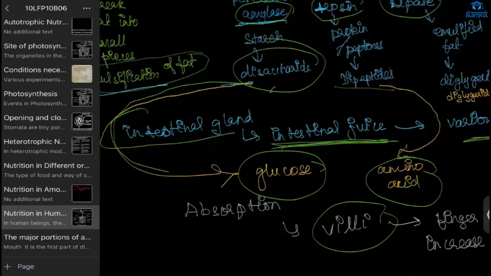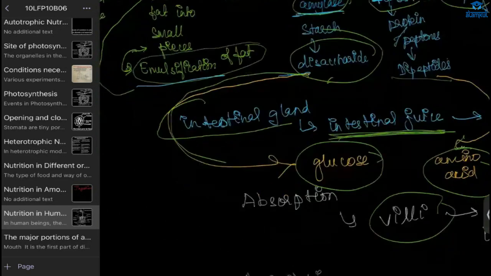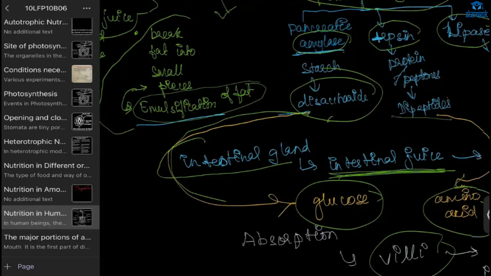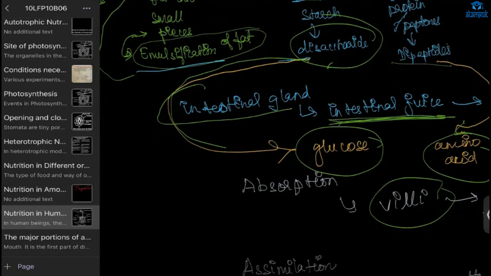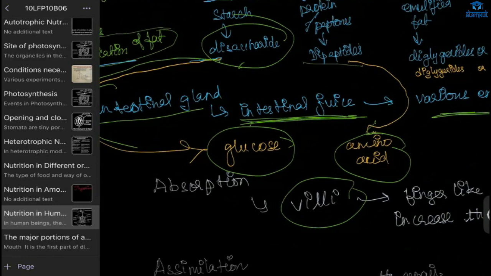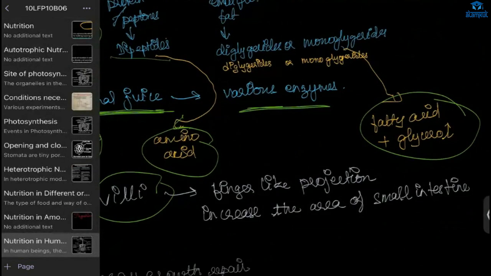Then after that, the small intestine will have its own intestinal juices, various enzymes. So it will further break this disaccharide, the simplest sugar, into glucose, then peptides into amino acids, then fat into fatty acids and glycerol.